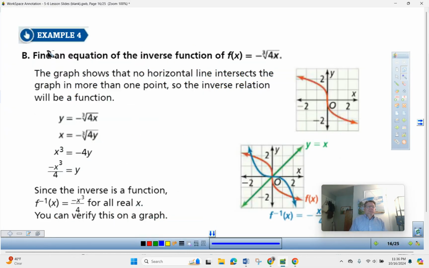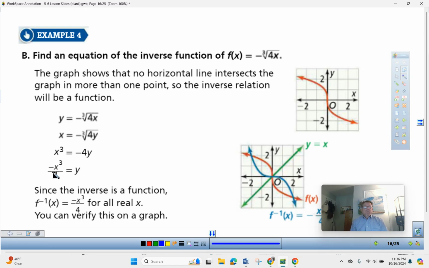So you're going to have to find one that looks the same on the graph. Okay, here's another example. Find an equation of an inverse function. They take the red one. It's a cube root, but it's got a negative in front, so they flipped it over vertically. They switched x and y, and then they solved for y and got this down here. Both the red one and the blue one pass the vertical line test.